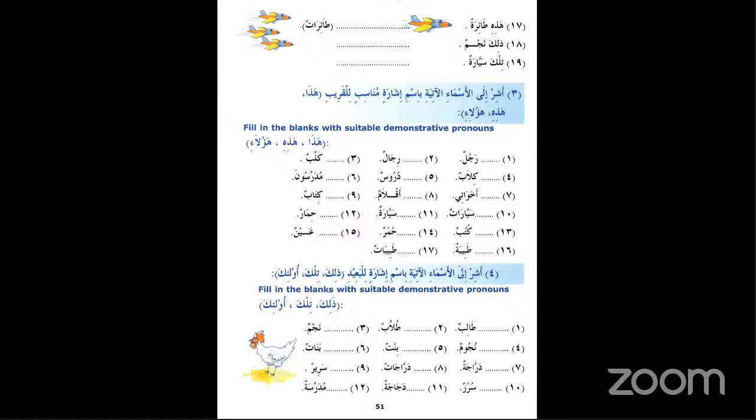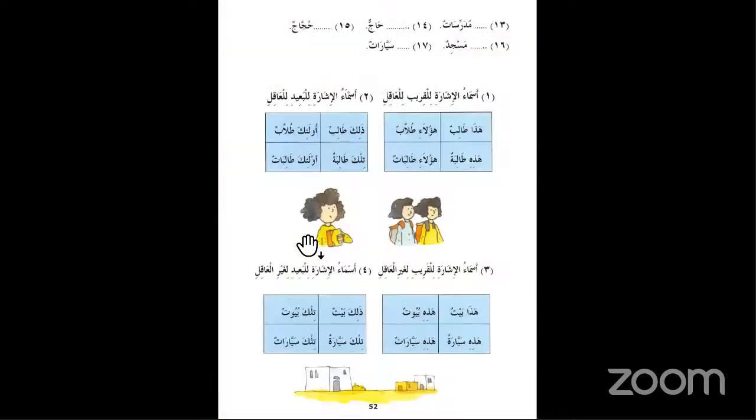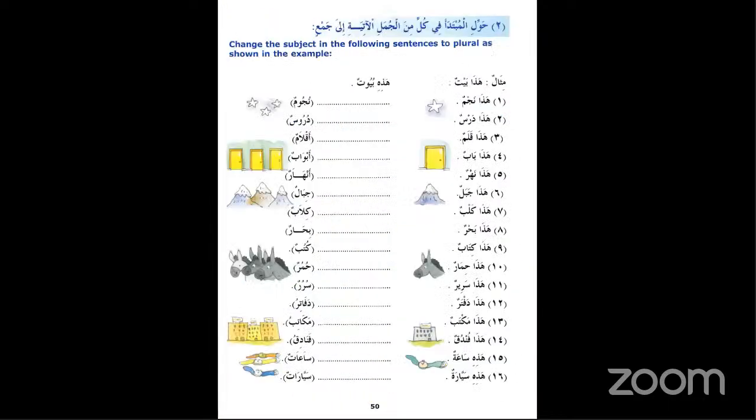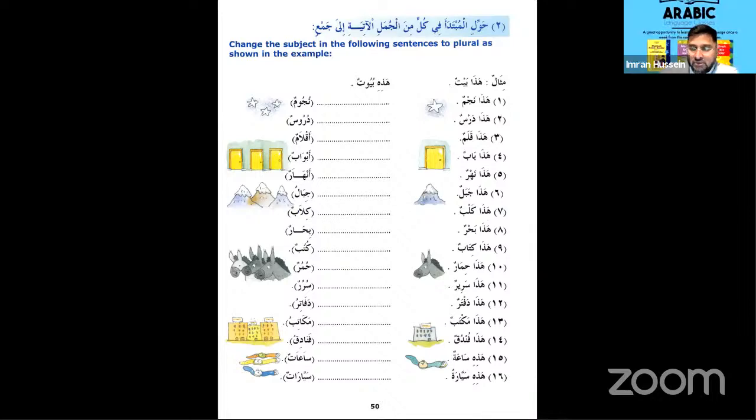Sheikh, I have a question about number 15 and 16. The singular is hadhihi sa'atun, but the plural is also sa'atun. In 14, there was no tanween for the plural. How can the plurals have tanween here? There are two types of plurals in the Arabic language.